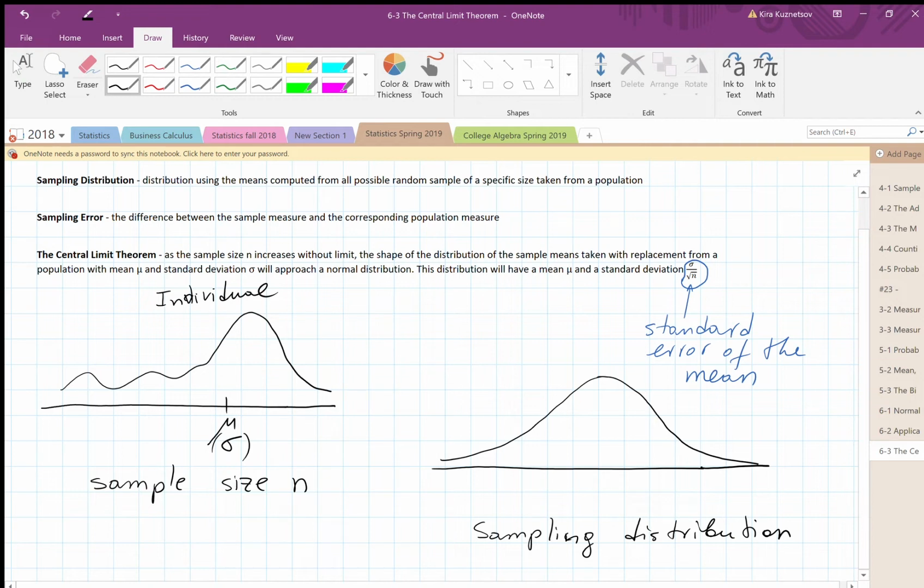So I don't have a funny looking distribution that I cannot work with anymore. I have a normal distribution. Now the interesting part about this normal distribution is it will have a mean, which is mu, so the same mean, but the standard deviation, the one that I can move left and right, will be sigma over the square root of n. That's my standard deviation.